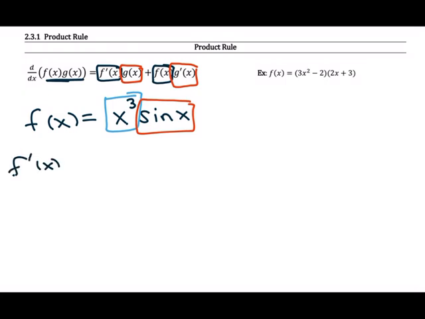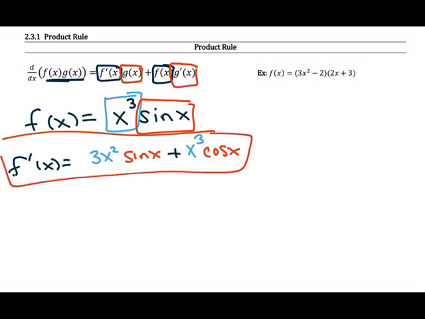So when I find the derivative, I'm going to take the derivative of this blue function, which we know to be 3x squared, and I'm going to multiply that by the original second function that's there. I'm going to add that with my original first function, x to the third, times the derivative of that second function, cosine of x. And this gives me my derivative using the product rule.